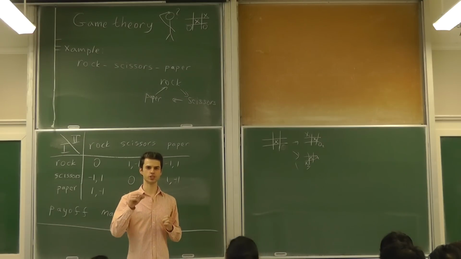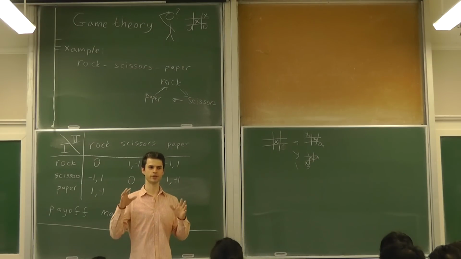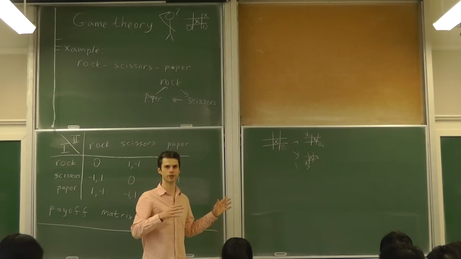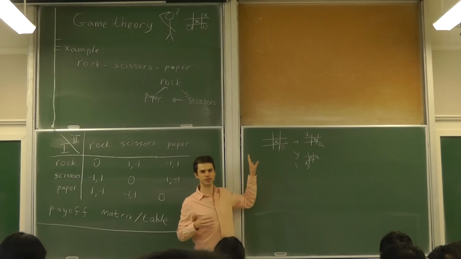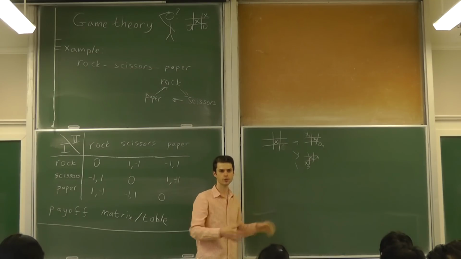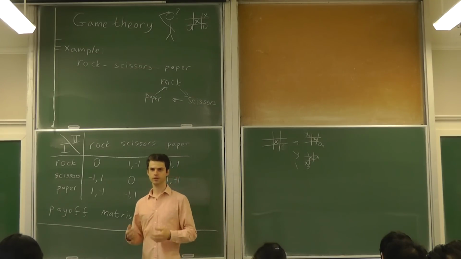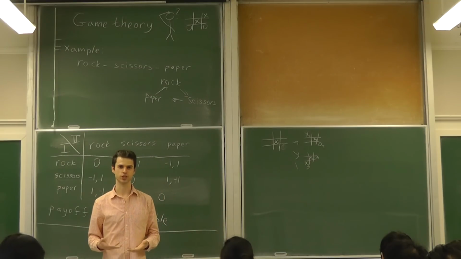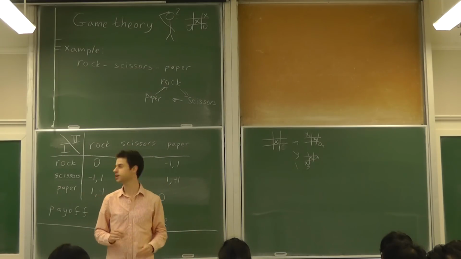Then I will explain my decision process to one of you, and instead of me playing at this board, I will expect that exactly the decisions that I want to make will be actually made by somebody to whom I explain my strategy. So that's what I mean by strategy.